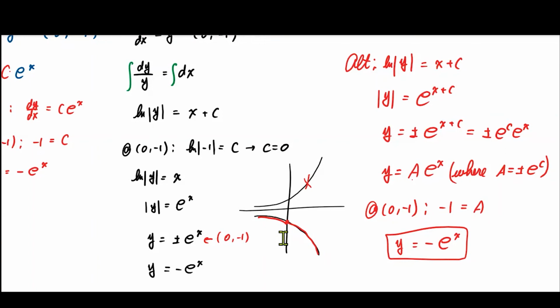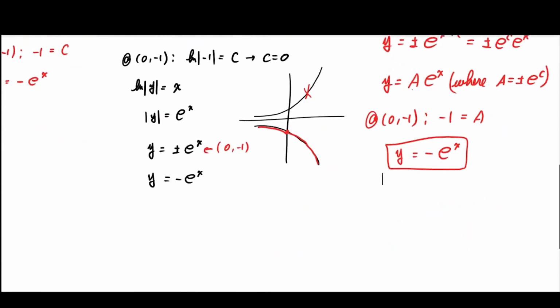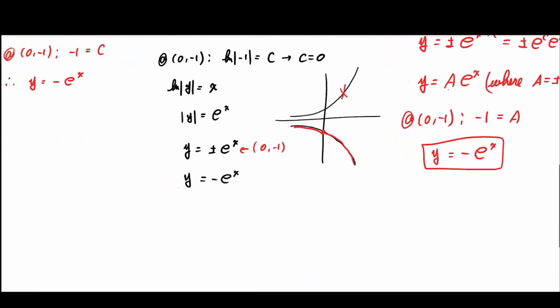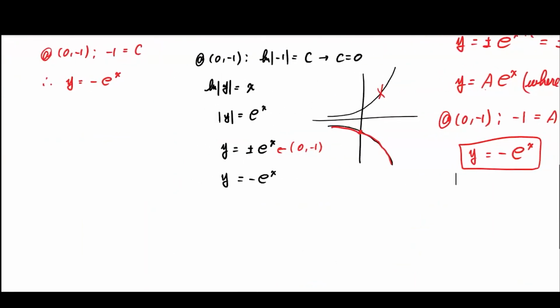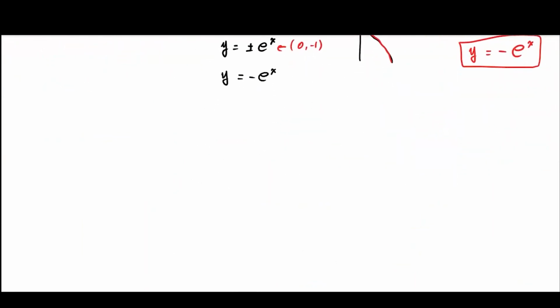Okay, we'll do quickly one more, and this time we'll do it the best way alone, okay? So the next example I have is this. It looks intimidating, but it's really not. Okay, let's separate it.